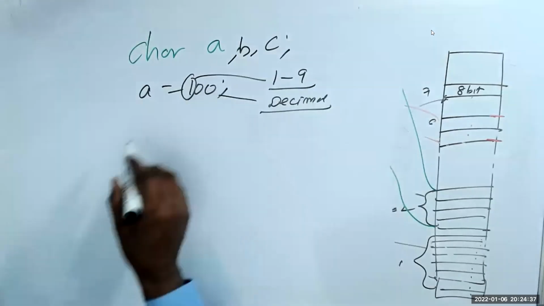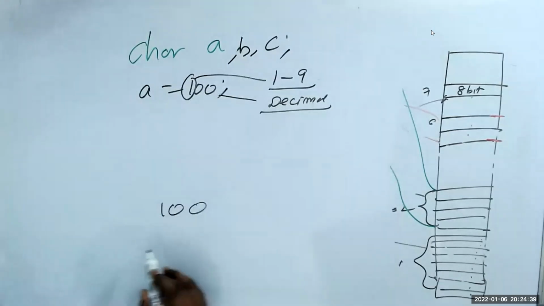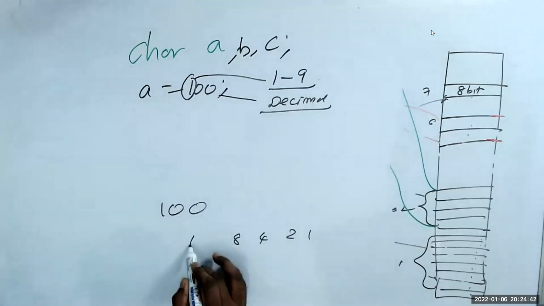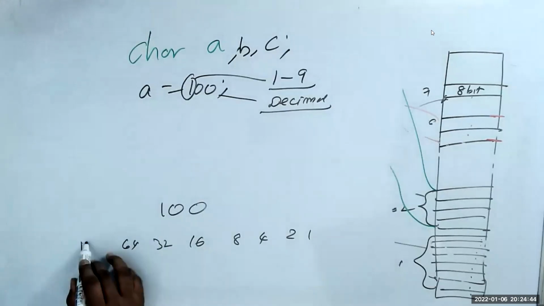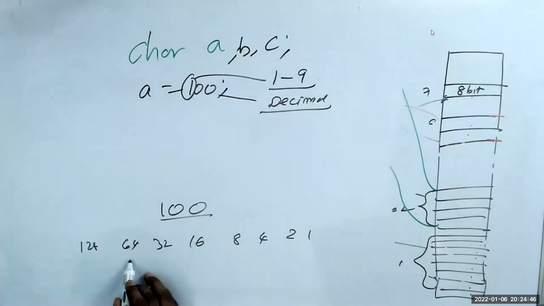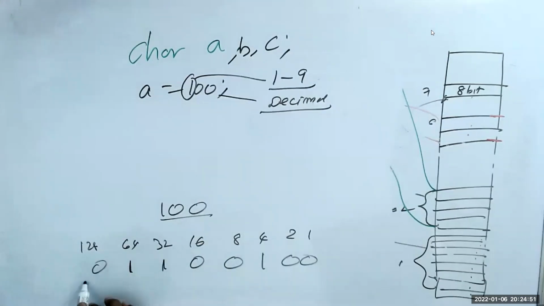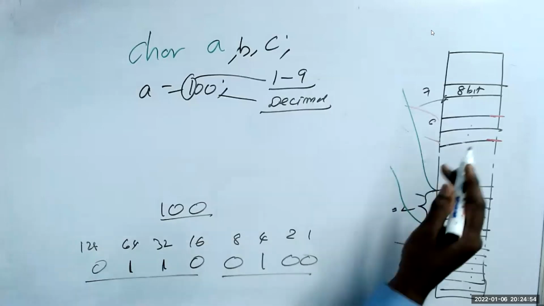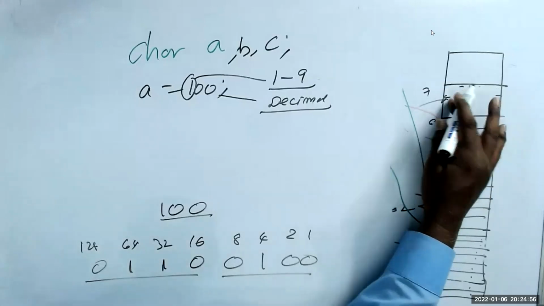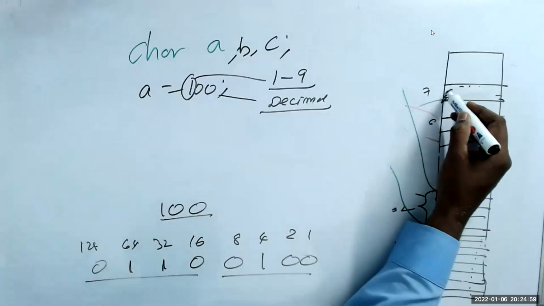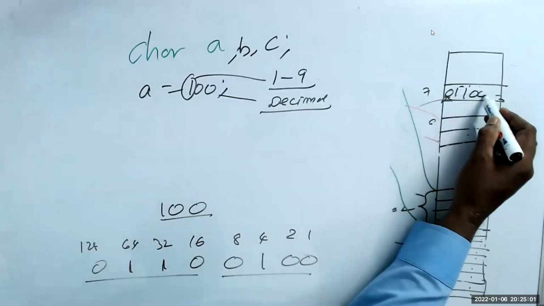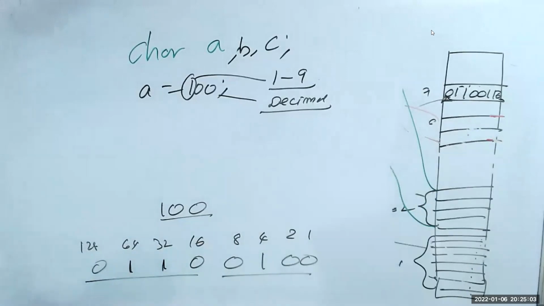So he converted the 100 into 1, 2, 4, 8, 16, 32, 64, 128. 100 means 64 plus 32, 96 plus 4. The A has gone here as 0, 1, 1, 0, 0, 1, 0, 0. That's why I explained that char itself is easy to do. If you do integer, I have to do 16-bit or 32-bit, so we can always do it with char.